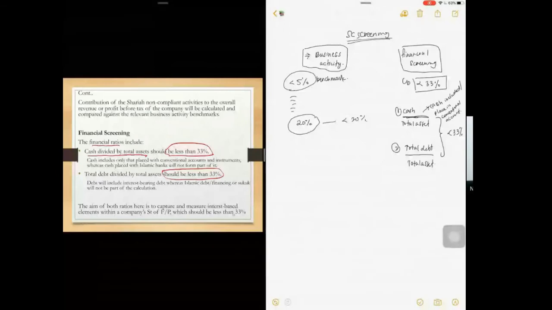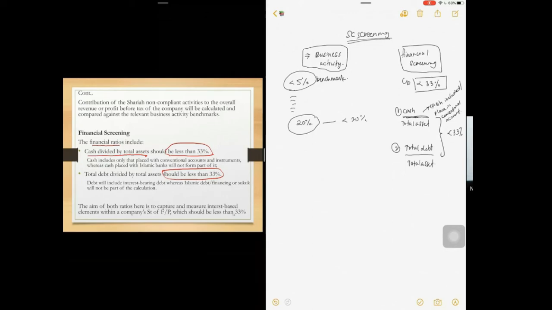Sebab sekarang kita nak calculate sama ada financial tu syariah compliance ataupun tidak kan. Tapi kenapa kita nak ambil cash yang dah memang deposited in Islamic punya account? Kita mestilah kena ambil cash yang deposit in conventional punya account. Sama same goes to total debt ni lah.